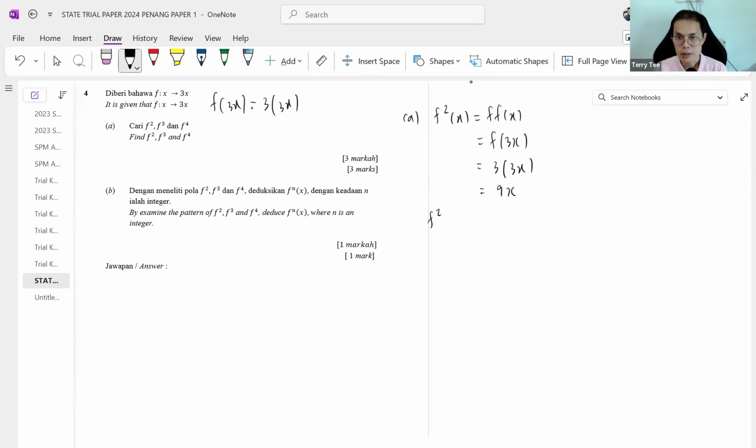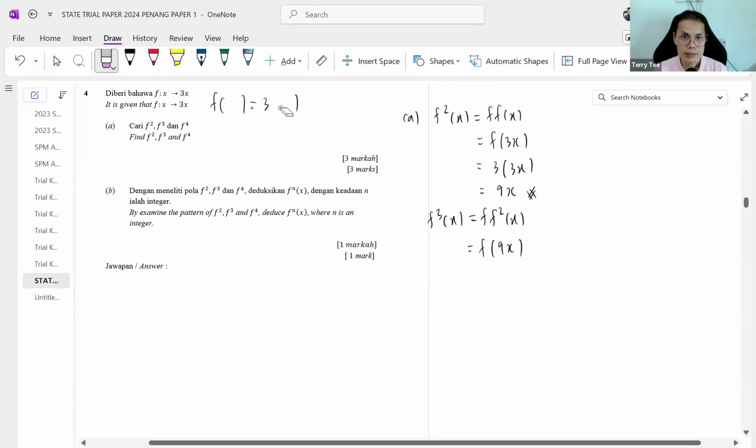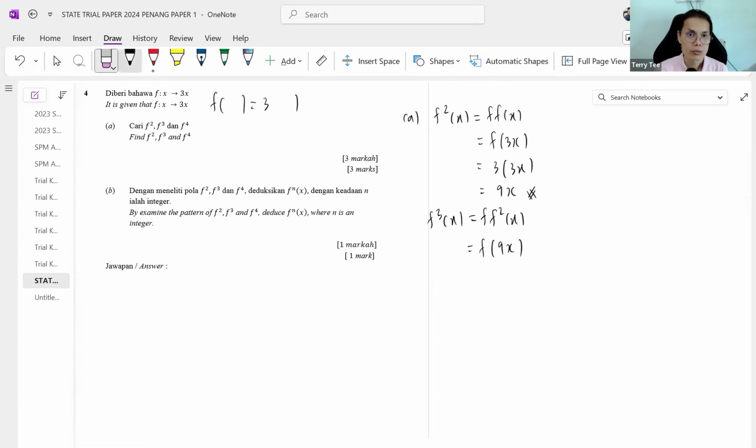Then let's continue with f3(x). For f3(x), you can either put f2(x) inside f(x), or f(x) inside f2(x), up to you. So I'm going to write f2. I already know my f2 is 9x. If you put 9x inside the bracket, you need to put 9x inside here. So let me just show you here.